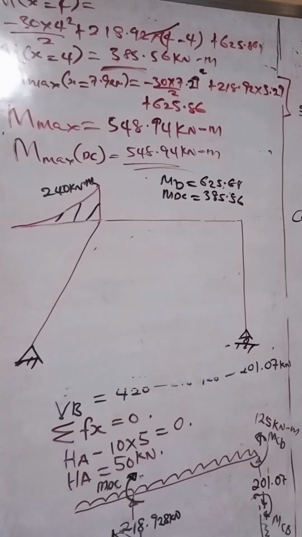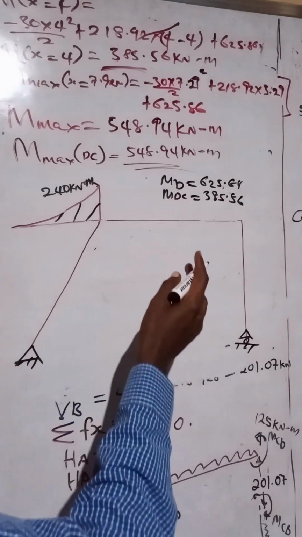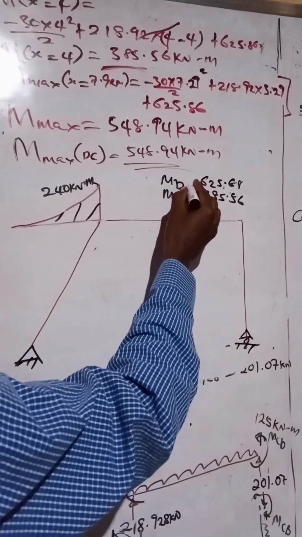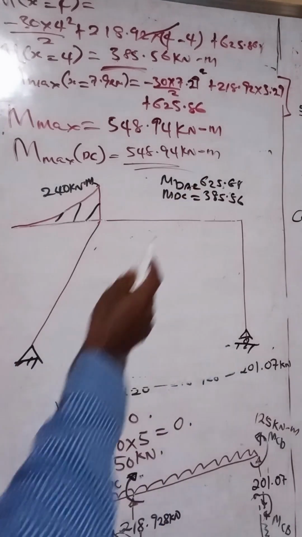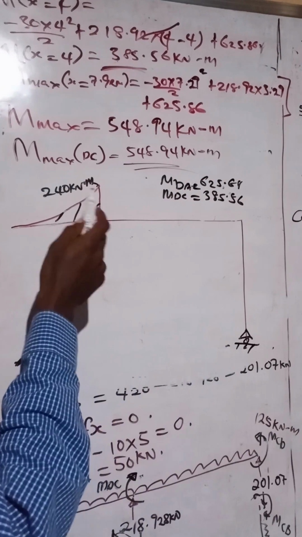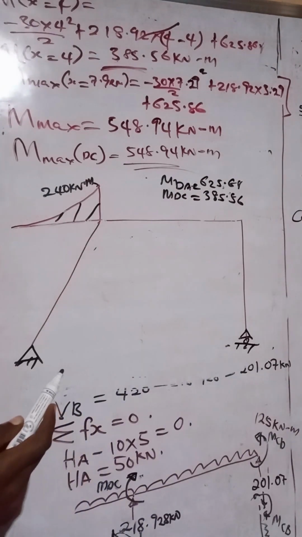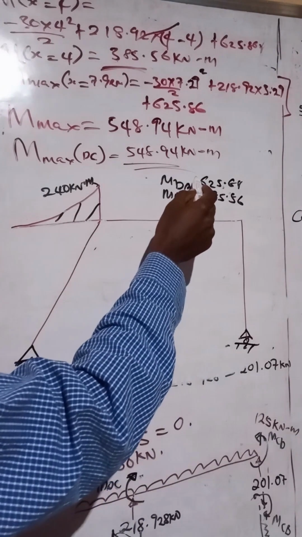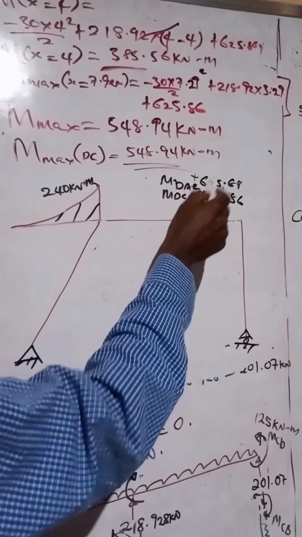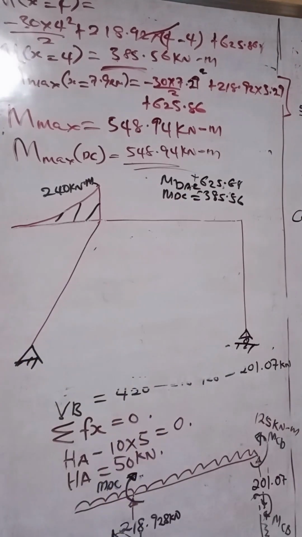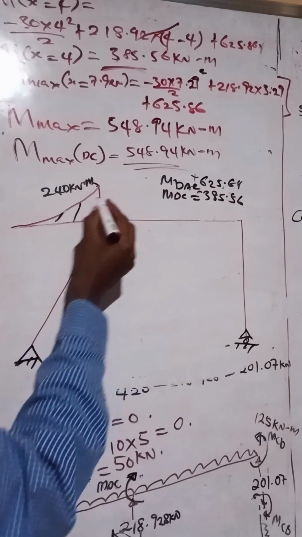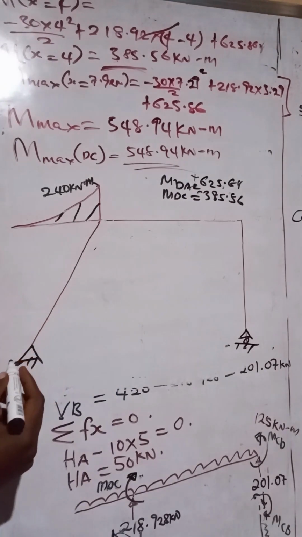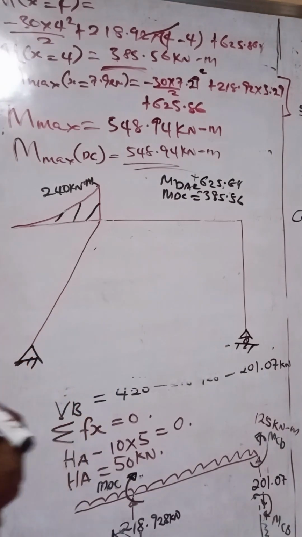This is the moment we have, MDA and MDC. By the time we take the algebraic sum of this, it must be a positive value. So if it must be positive, this will be positive and this will be negative.